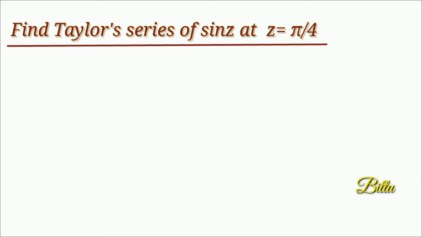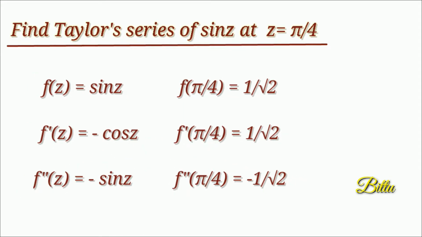So you find the successive derivatives of f and evaluate these at pi by 4. We have f(z) is sin z, f dash z is cos z, f2 dash z is minus sin z. Next, f of pi by 4 is 1 by root 2, f dash pi by 4 is 1 by root 2, f2 dash pi by 4 is minus 1 by root 2. Now we have three non-zero values, so we can stop this procedure.